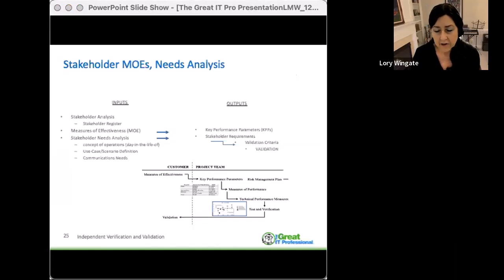So take care during the customer and stakeholder analysis to define, in conversation with them, how to measure the effectiveness of this. If you go back to the windmill example, when they say state of the art, next generation wind farm, what are they measuring that against?